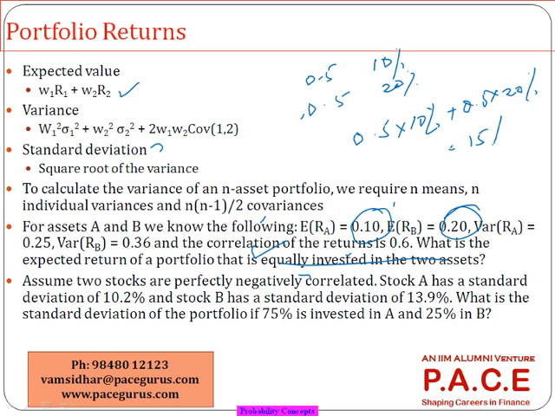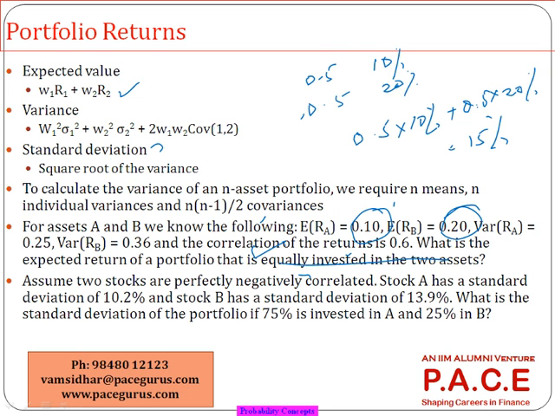But the problem comes with the variance. Variance, this is the whole story behind portfolio management. The variance is not the same as the individual. See, the expected return is a simple weighted average of the returns, but the variance is not the simple weighted average of the individual variances.